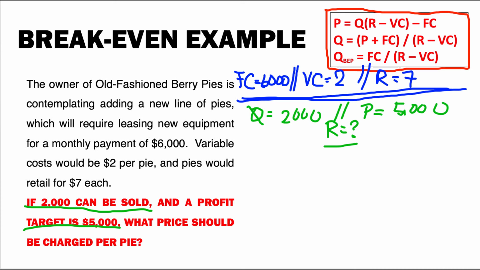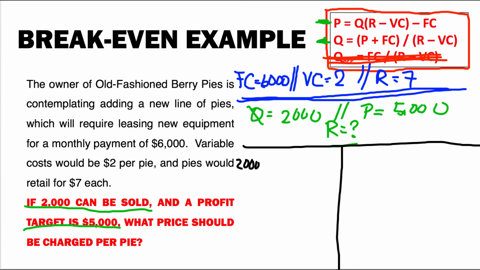And then looking at our options of formulas, we see that we're not dealing with the break-even point, so let's scratch that formula out. And then we're left with the last two formulas. Either of these formulas will solve for R, but I would probably use the first one just because it's easier. But for the purpose of this example, I'll solve for both.